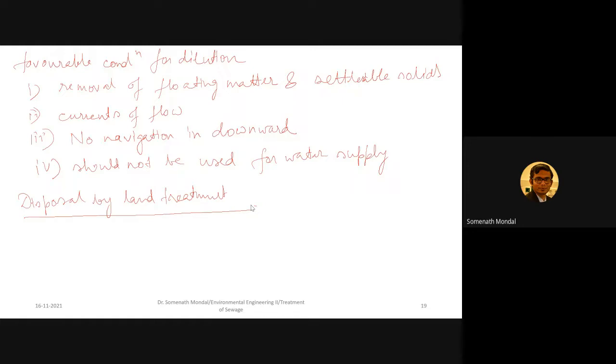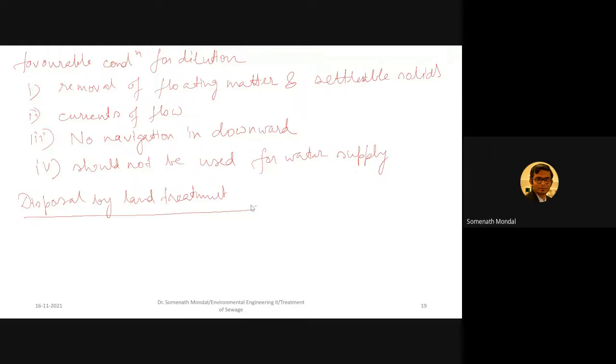This is a natural process which happens once a liquid is thrown out on the surface. Some portion gets evaporated, and the rest goes into the ground and percolates. During the process, all those impurities get arrested or caught by the soil skeleton or soil particles.